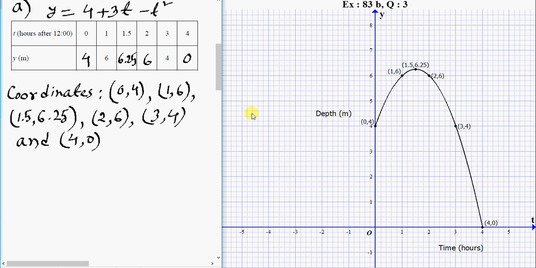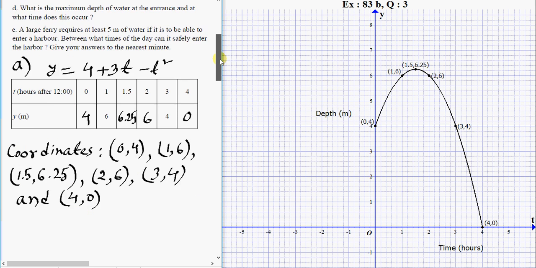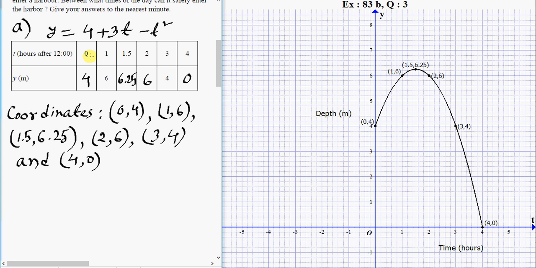Now question B. Use your graph to find the depth of water at the harbor entrance at midday. You can see at midday, midday means time is 0. T is 0, and at that time the depth is 4 meter.